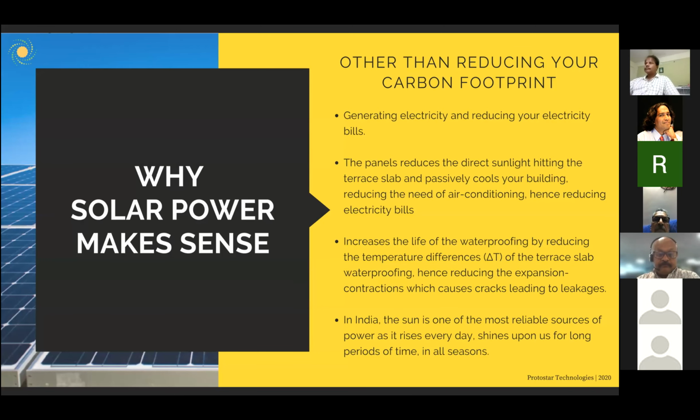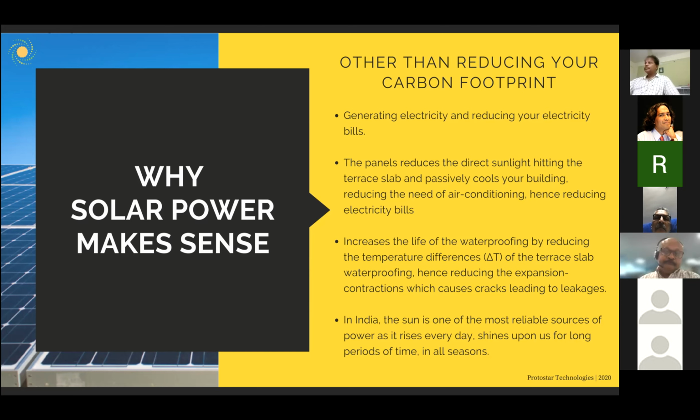So let me tell you why solar even makes sense. The first important thing, at least in my view, is the carbon footprint. Just going solar reduces your carbon footprint dramatically. It's one of the easiest ways to reduce your carbon footprint as of today.